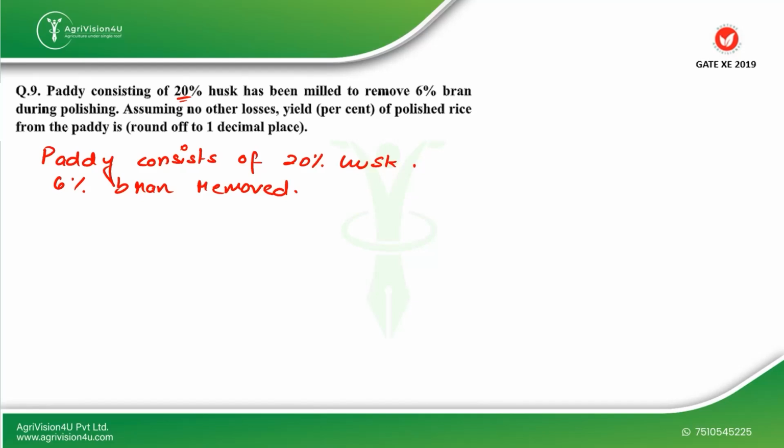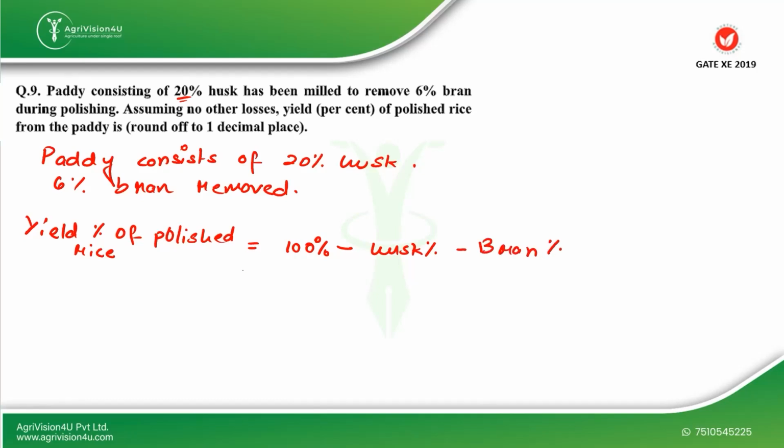So the yield percent of the polished rice is equal to 100% minus the husk percent minus bran percent.